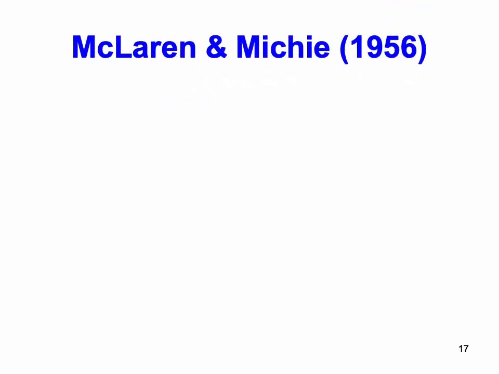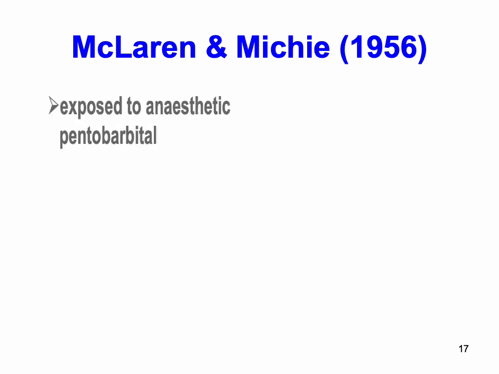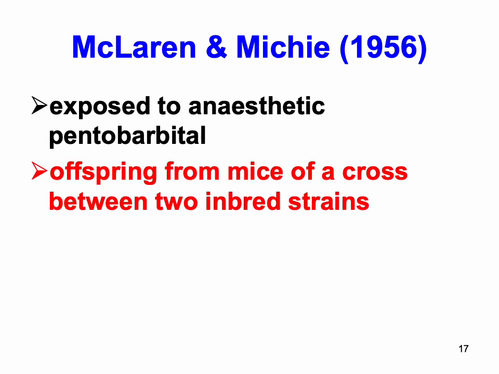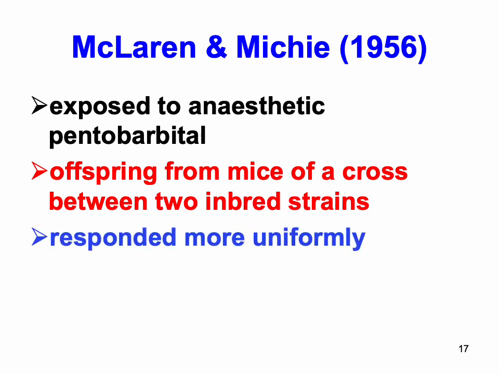McLaren and Michie in 1956 exposed experimental mice to an anesthetic, namely pentobarbital. The offspring from a cross between two inbred strains responded more uniformly than the parents, unexpectedly.